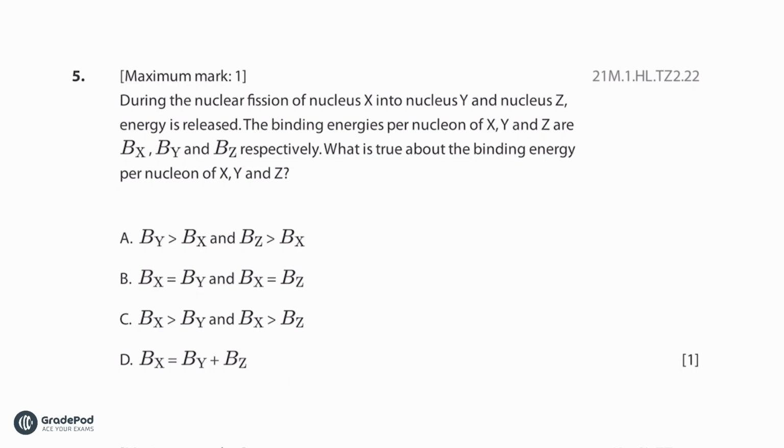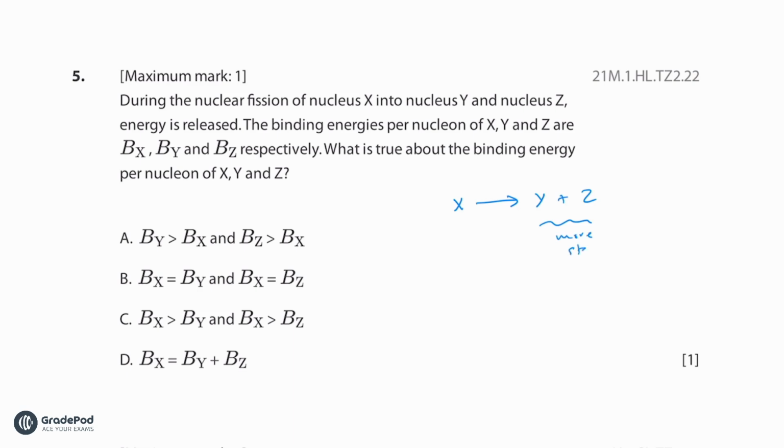Question 5. During a nuclear fission of nucleus X into nucleus Y and nucleus Z, energy is released. The binding energies per nucleon of X, Y and Z are given by these terms. What is true about the binding energy per nucleon of X, Y and Z? X is an unstable nucleus. It's very large and it decays into Y and Z. They are more stable.